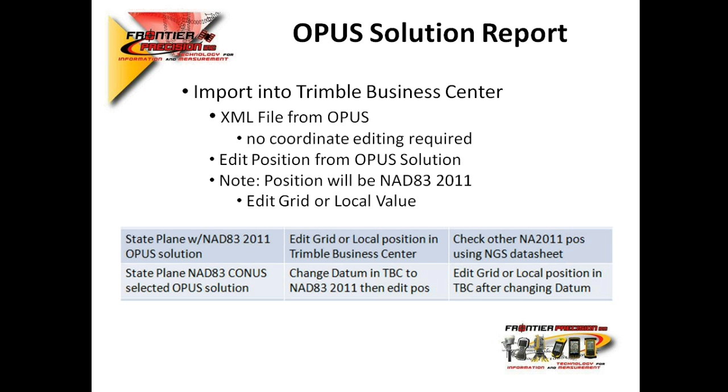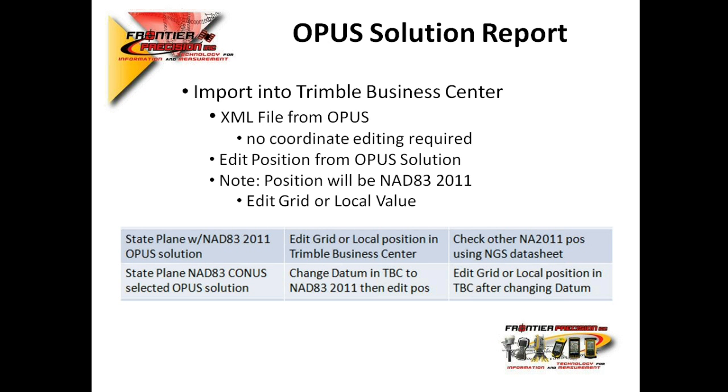You are not editing the global value. And you can see here, if I'm using state plane with NAD83 2011 Opus solution, I edit the grid or local position in TBC. That allows me to check other North American 2011 positions using either NGS data sheets or by measuring them.